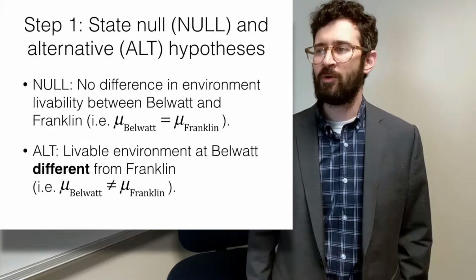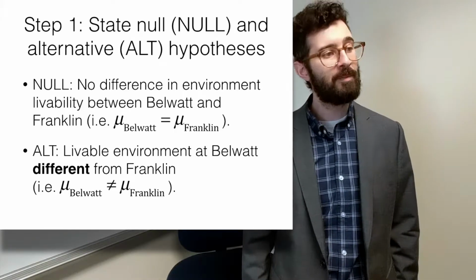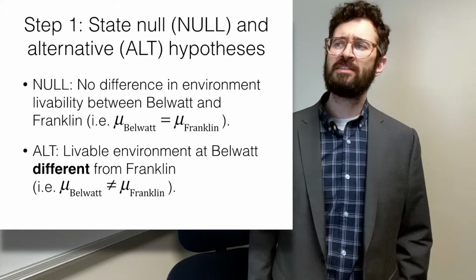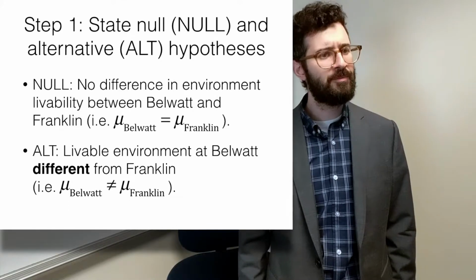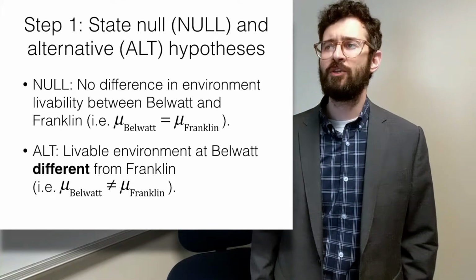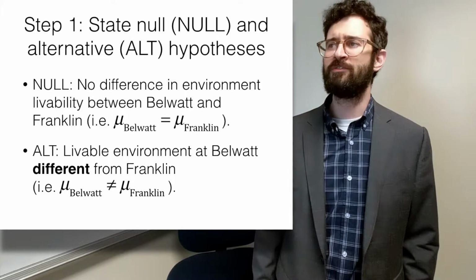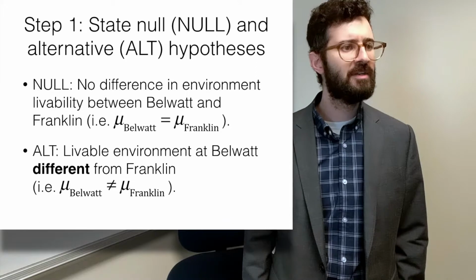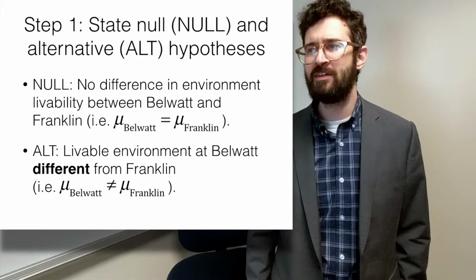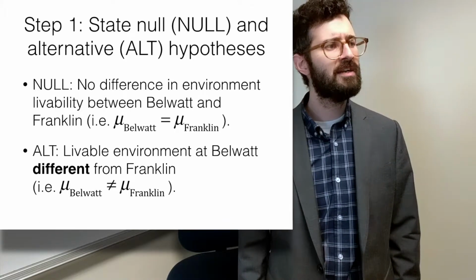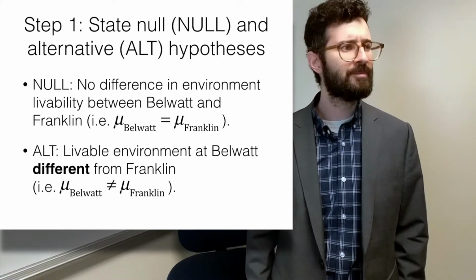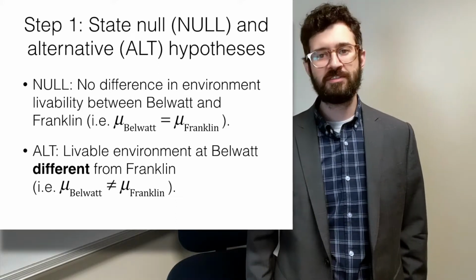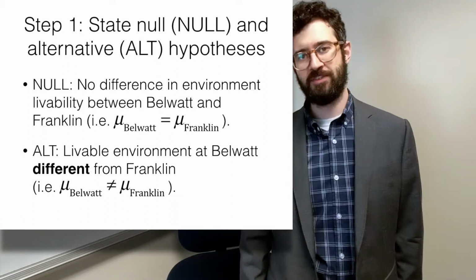So when trying to figure out whether or not these 2 population averages are different, I, 1, give that doubting scientist the benefit of the doubt. And I say, okay, your hypothesis was that there is no difference in environment livability between Belwatt and Franklin. Population average livabilities are, as you say, no different from each other. They are the same.